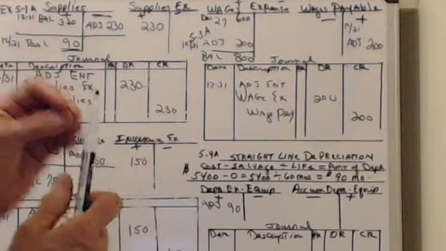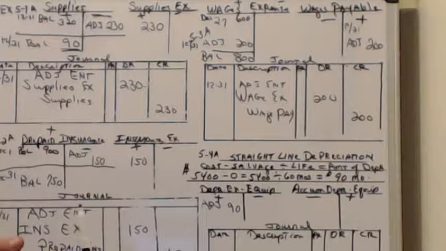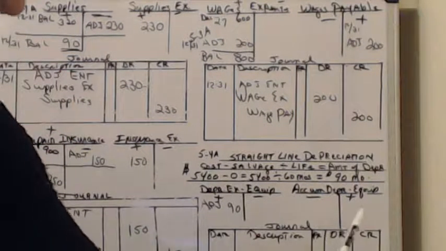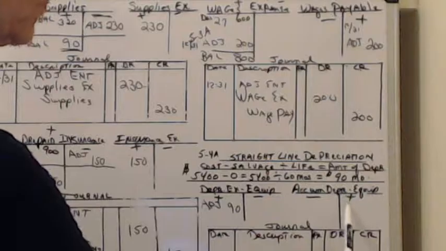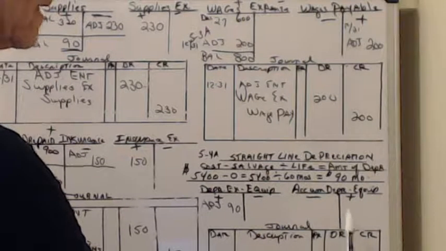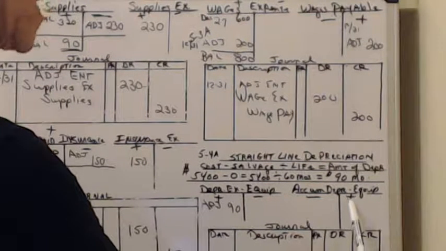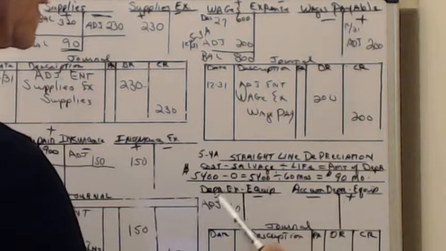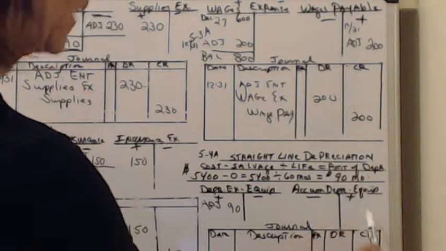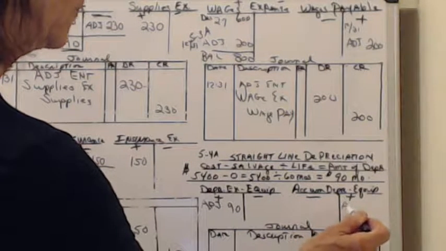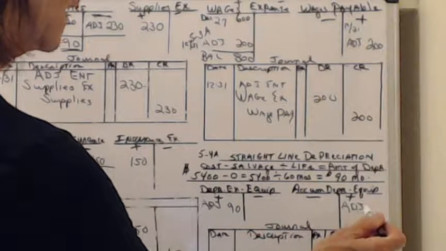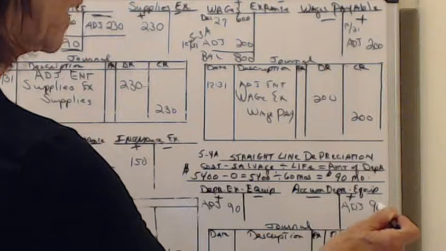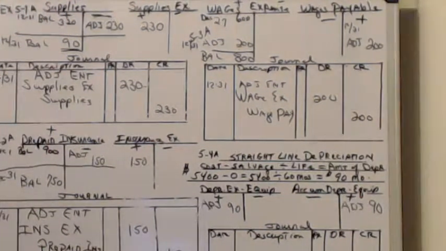It's going to be connected to the equipment account, and we're going to put how much it depreciates over the cost of its 5 years. But it has a credit balance. So if I debited expense, I'm going to credit accumulated depreciation. So I'm going to add $90 to the credit side of accumulated depreciation.